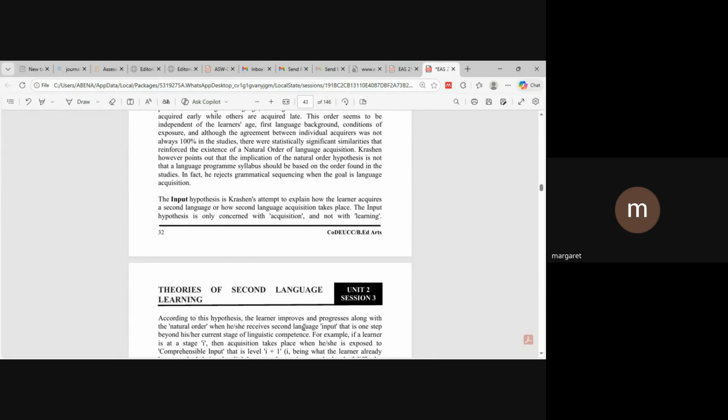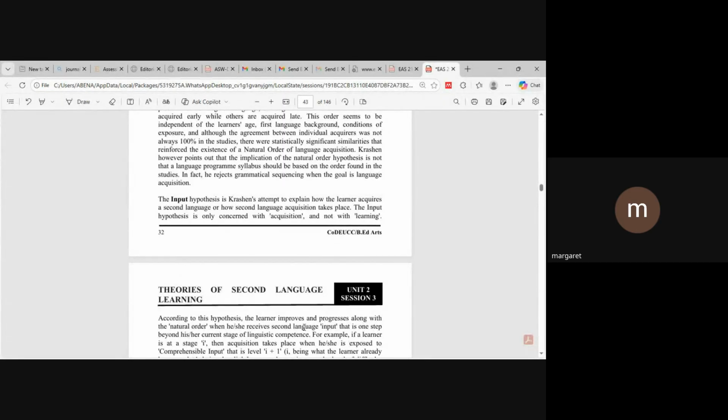Now, this one is associated with the acquisition system and not with the learn system. Now, with the input hypothesis, they are saying that if you want a learner to acquire a language, you have to give the person the input, give the person the language, and then the child will learn.